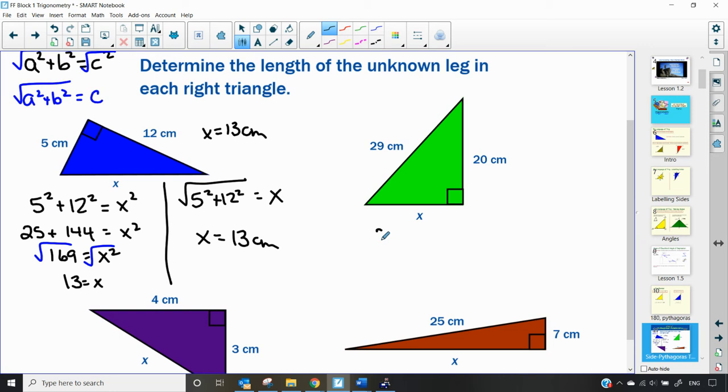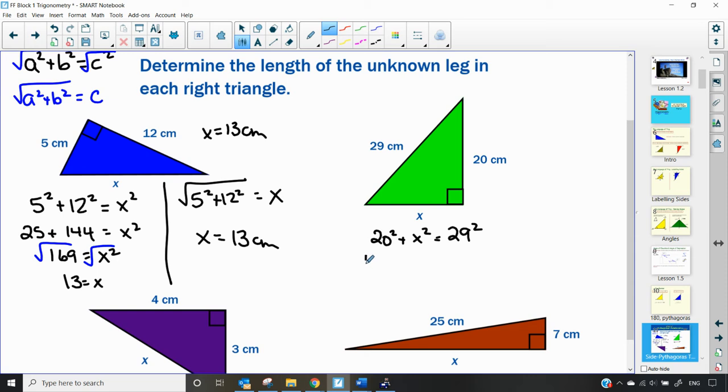We would have had 29 squared. Actually, I'm going to try this one more time here. The way you would have likely written it out is this way. You would have probably written 20 squared plus x squared equals 29 squared. And your 20 squared would have been 400, and your 29 squared would have been 841.